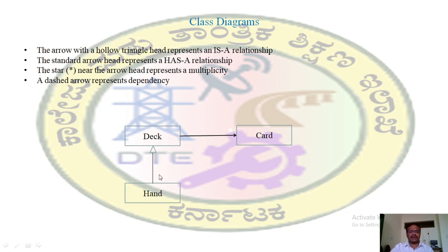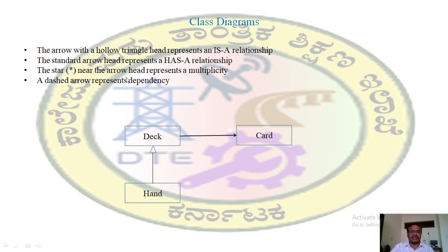That is, hand is a form of deck. Hand is a class here, and it is a form of deck. The standard arrow represents the has a relationship. In this case, the deck has a card. Deck has the card, right?